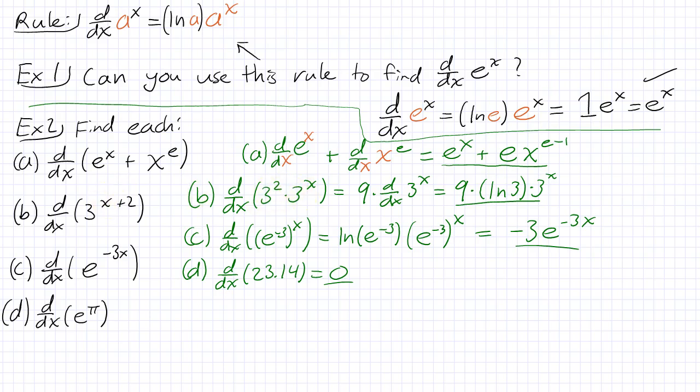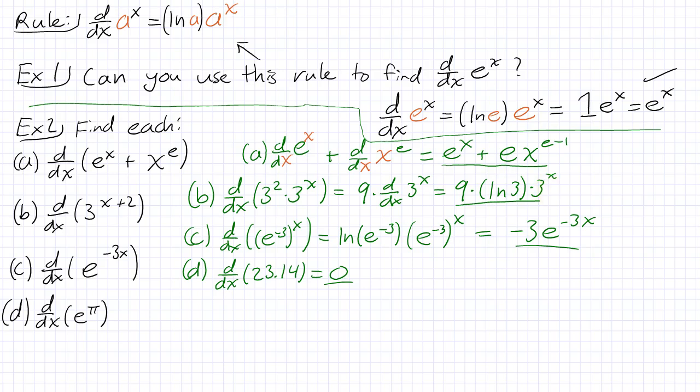The reason that's really helpful is because then that 3 to the power 2 is also known as just 9, as a constant multiple. You can just take it out here and just do the derivative of 3 to the power x, and the derivative of 3 to the power x becomes 3 to the power x times the natural log of 3, just using this rule, and that's what you get. No good way to simplify that anymore.